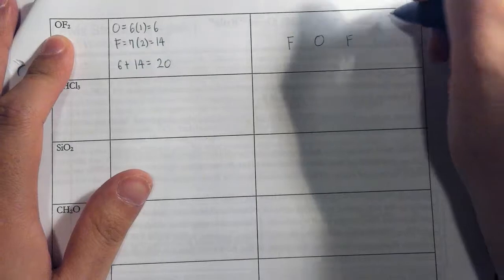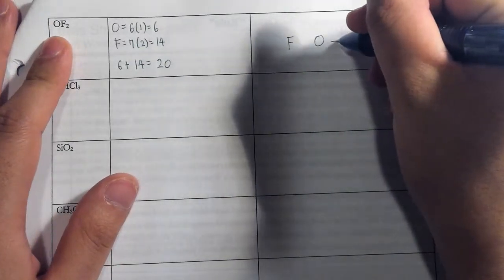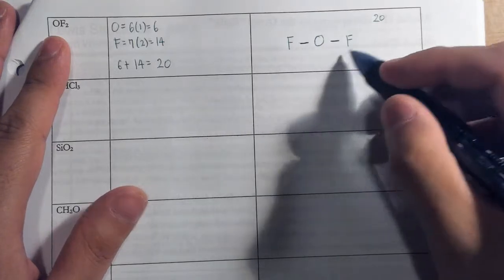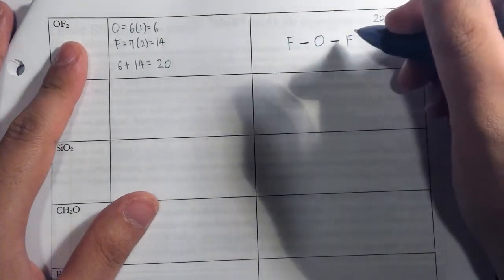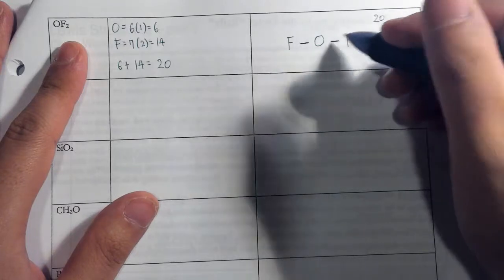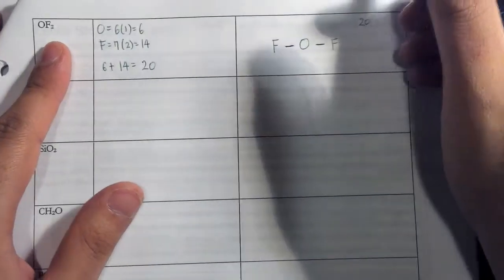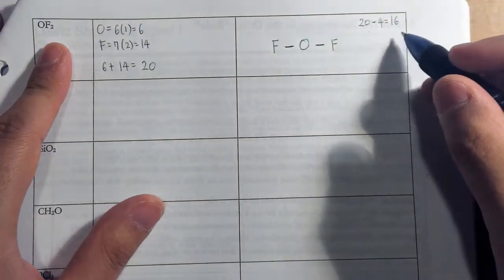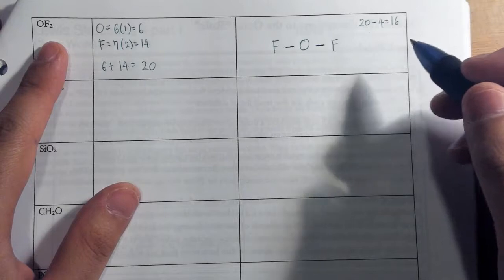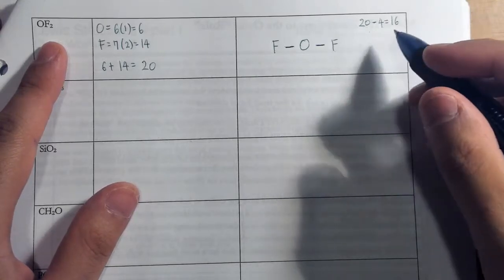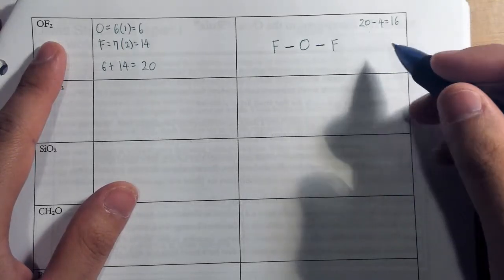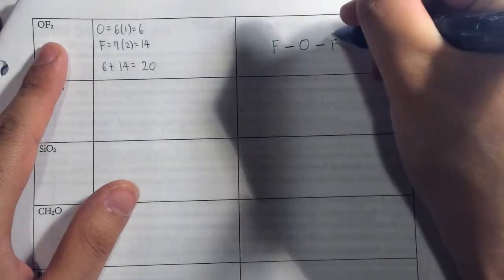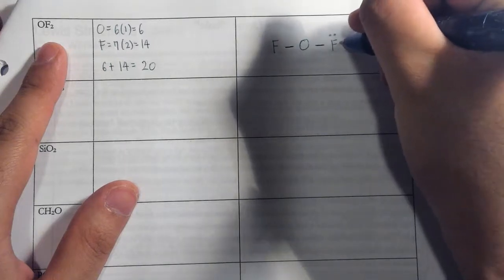Next we have to put a single bond that connects oxygen and fluorine, which would, what we would do is we have overall 20, and there are 1, 2, 3, 4 valence electrons used up, which would give you 16 valence electrons not used yet. Alright, and then next step is to fulfill the octet rule by putting the valence electrons around the outer elements.